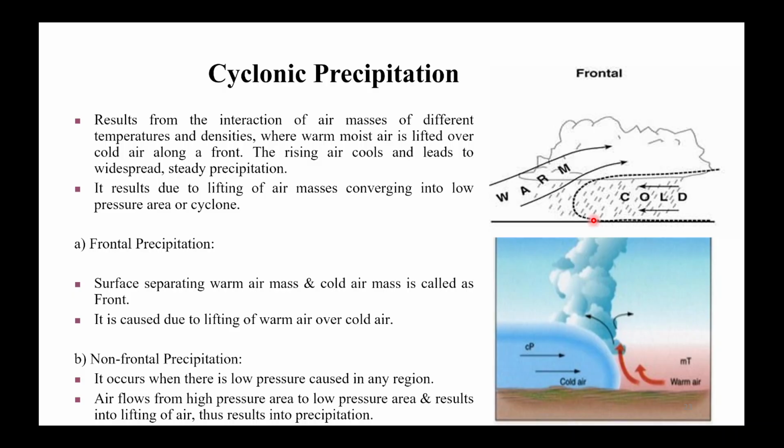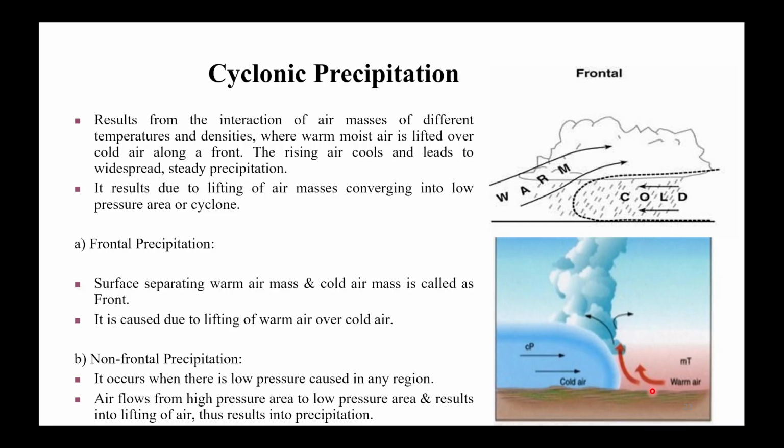This type of precipitation, caused by this low pressure or a barometric depression, barometric relating to atmospheric pressure, we'll call the non-frontal precipitation. It occurs whenever there is a low pressure caused in any region.